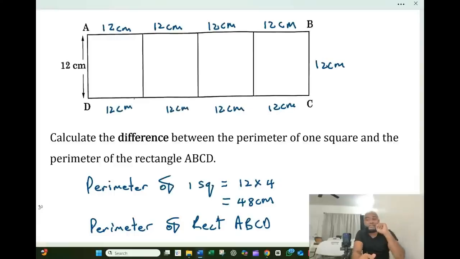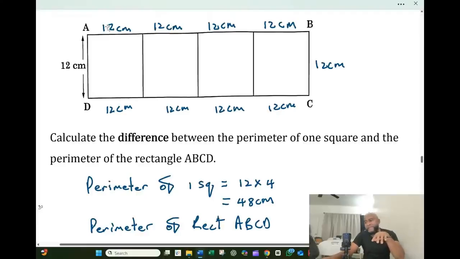So how many 12s do we have to multiply? 4 and 4 is 8 and 2 is 10, so there are 10 twelves.